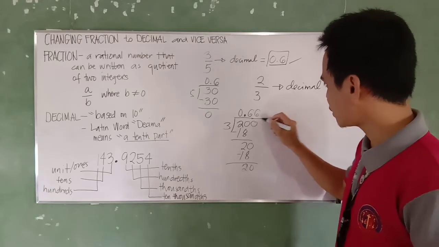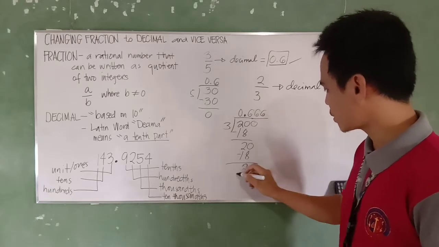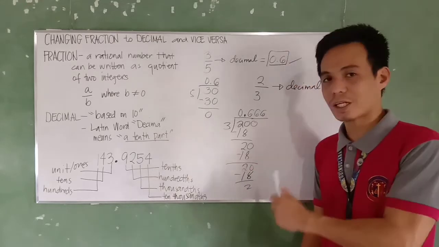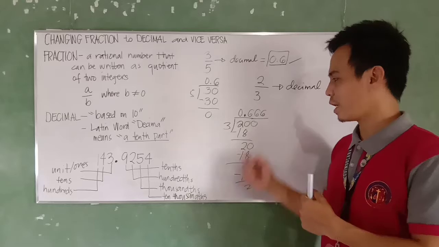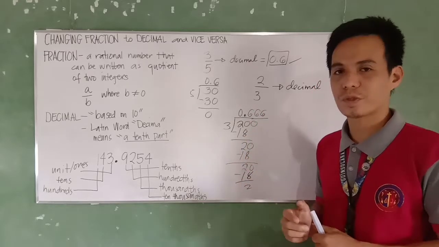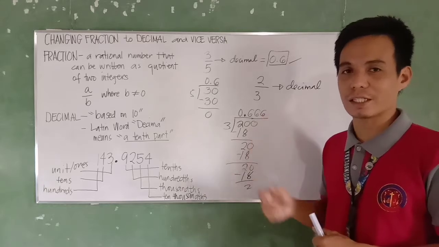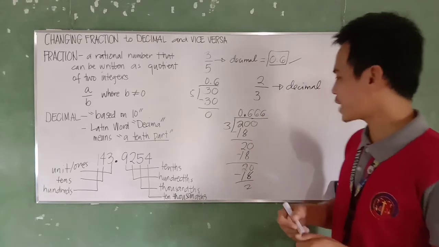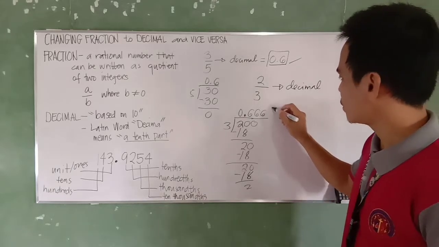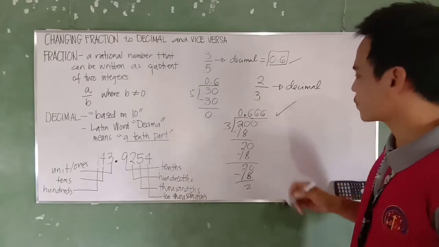And another 6. This is 18. Another 2. So as you can see guys, as we repeat dividing the number, uulit-ulit lang yung answer. So in that case, our answer is correct. This is correct guys. Okay?